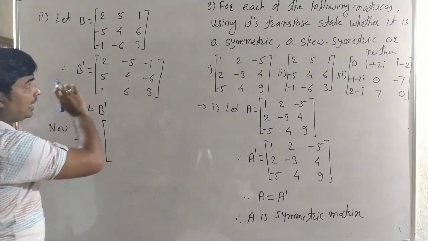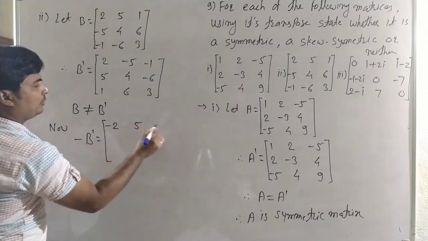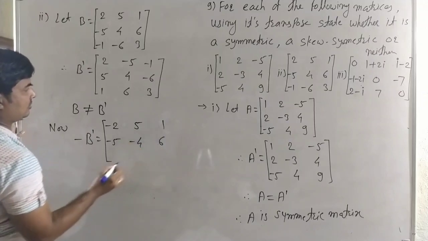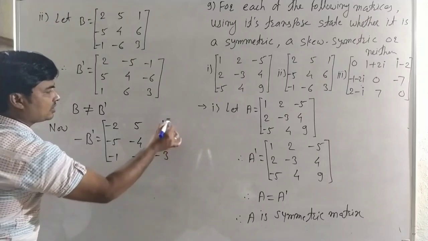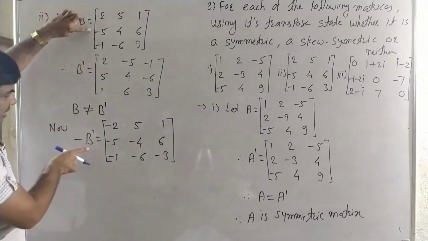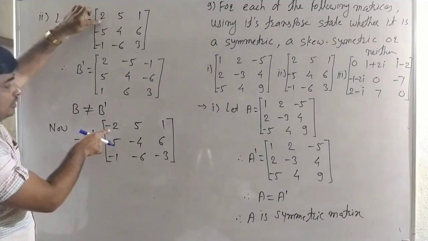Minus B dash, so multiply each element by minus. Therefore it is minus 2, 5, 1, minus 5, minus 4, 6, minus 1, minus 6, and minus 3. See carefully. Now you observe this matrix B and minus B dash: it is a 2 and it is a minus 2.